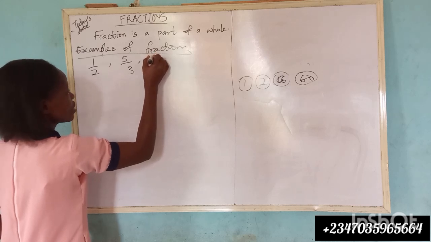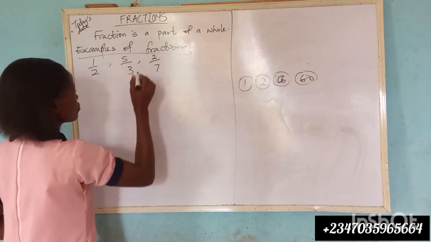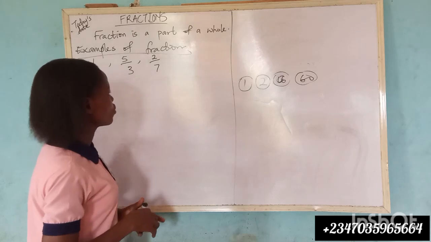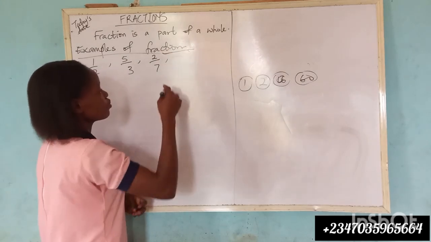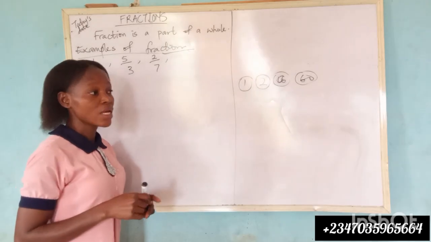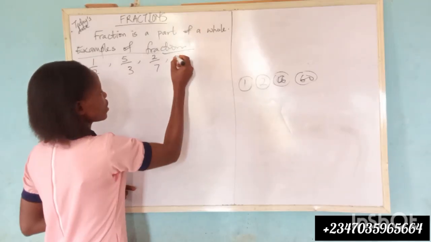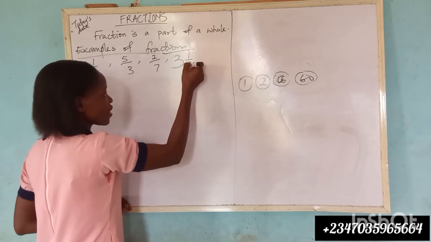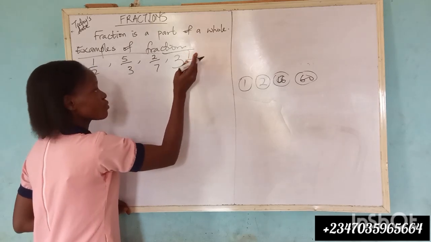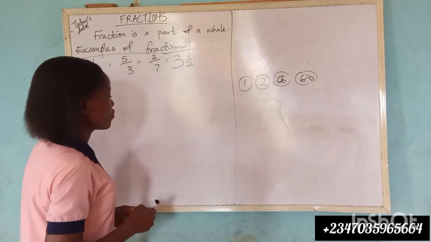Another one, 2/7. This is also an example of a fraction. One is up, one is down. Another one that we are still going to, when we talk about types of fraction: if I have a whole number and I have another fraction with it, this one is also a fraction, but a type of fraction.